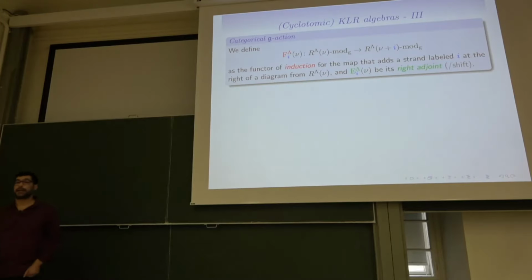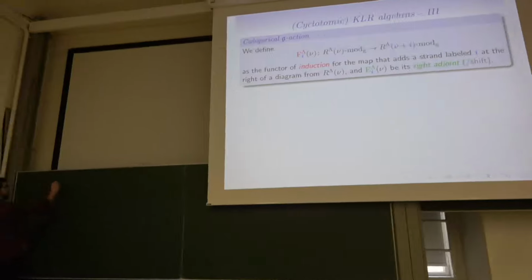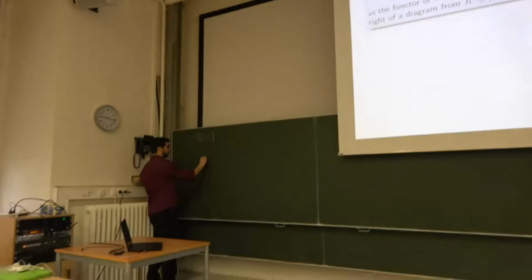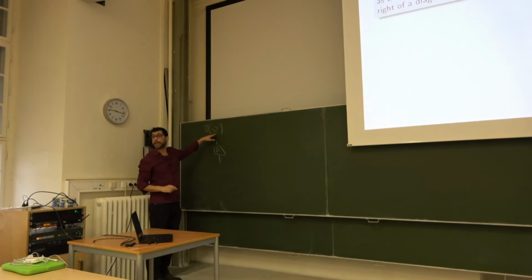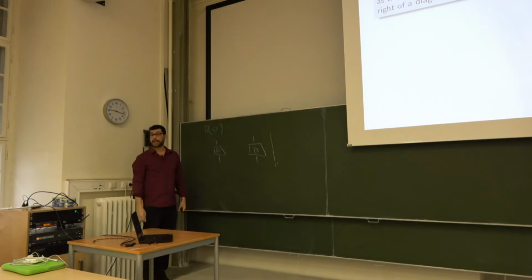Now, the action. There's a natural map of algebras that considers a diagram in R_nu and adds a strand labeled i at the right of the diagram.